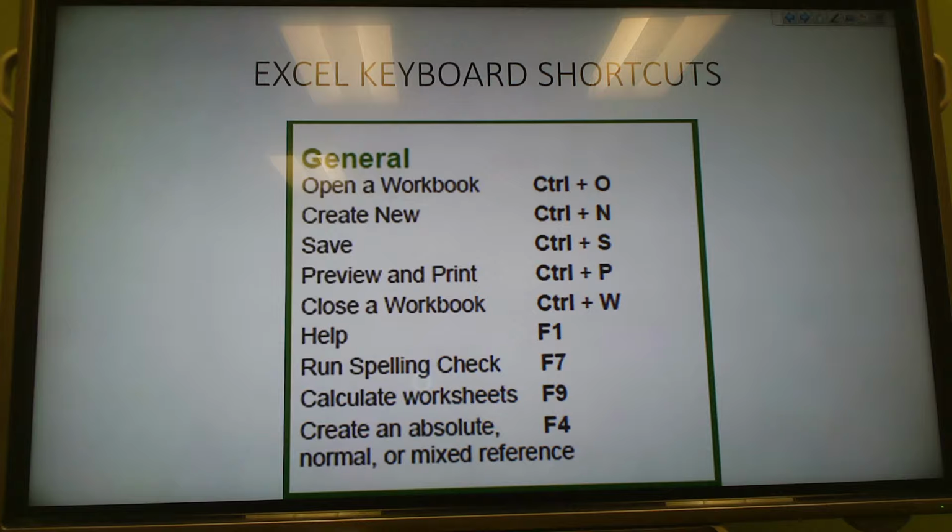But again, remember, the older versions of Office are no longer supported by Microsoft. So if you have Office 365, you'll be able to get it, and maybe 2016, I'm not really sure. To run a spell check, you can do F7; to calculate worksheets, F9. To create an absolute, normal, or mixed reference, you click F4.